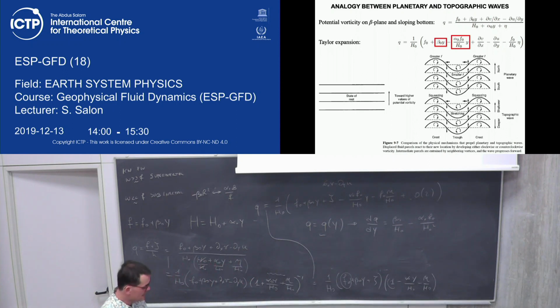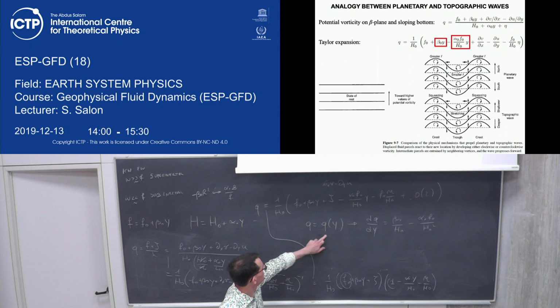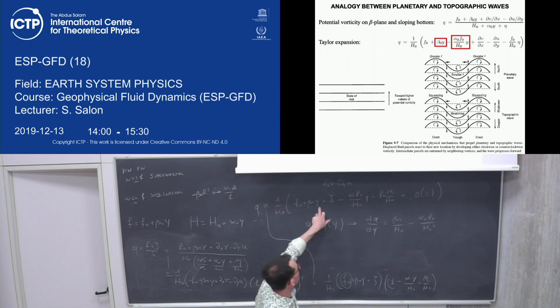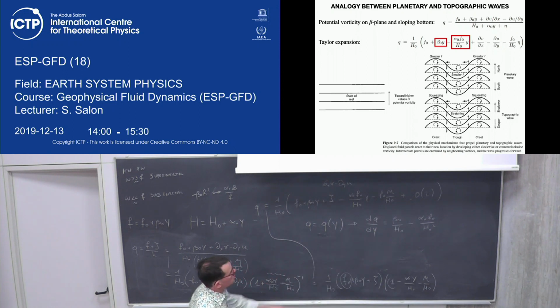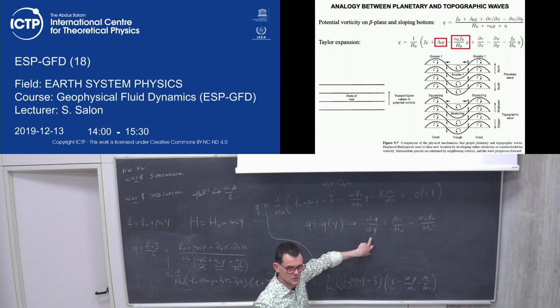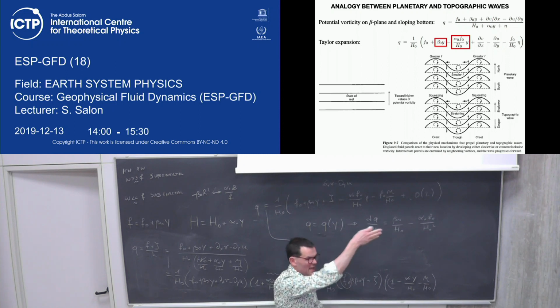So the potential vorticity is a function of y. And so I can calculate the gradient, the derivative of Q with respect to y, the meridional coordinate.